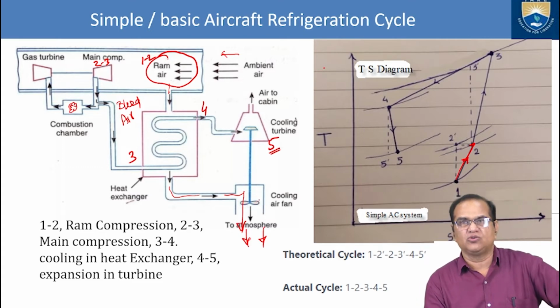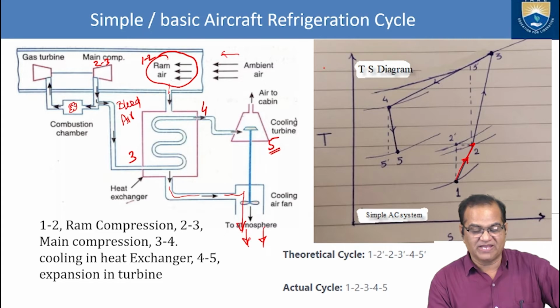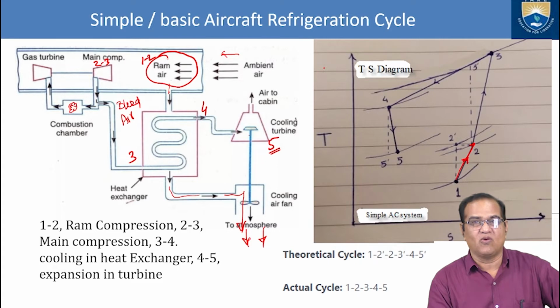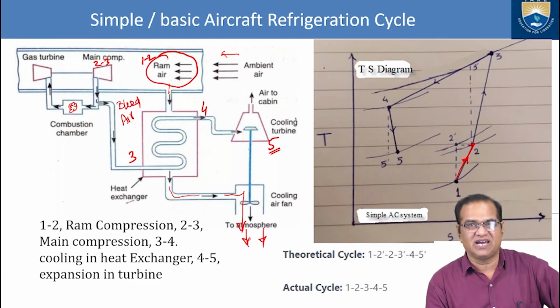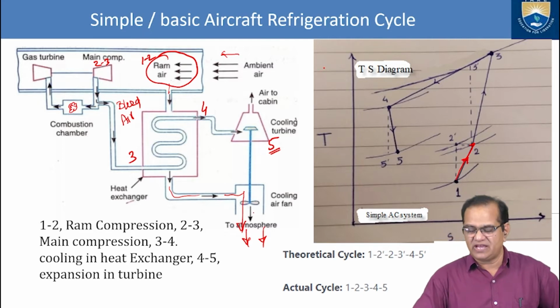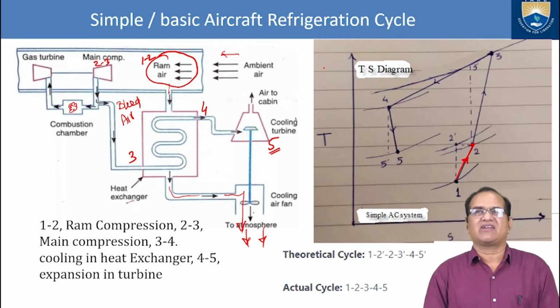This fan is rotated with the help of the turbine, which generates work because expansion is taking place in the turbine and we are getting the cooling effect. The work generated by the turbine is transferred to the fan and the fan rotates, working as an exhaust fan, and your air is exhausted. So this is a simple basic aircraft air cycle refrigeration cycle.